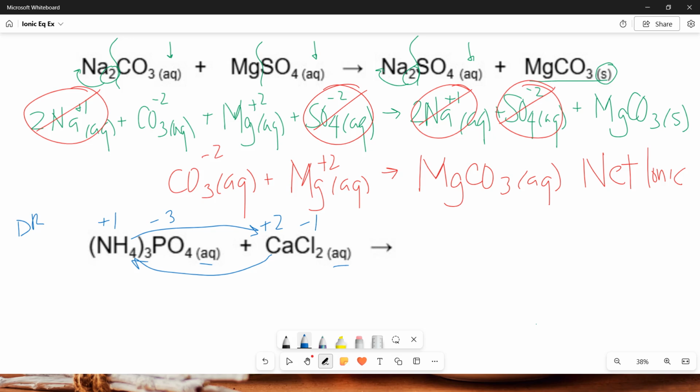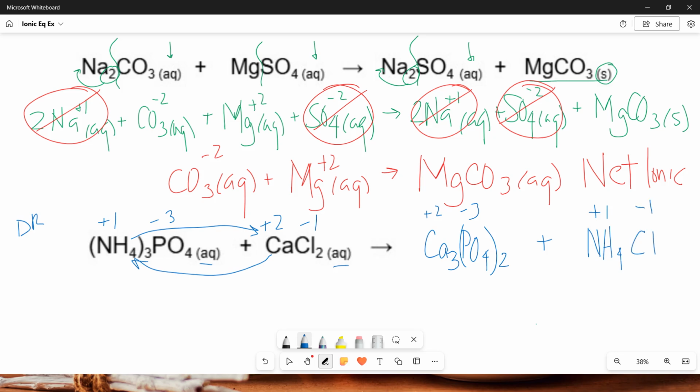So on the product side, we're going to put calcium with phosphate, and we're going to have to do cross down. If we look at the charges and we cross down, we're going to have a 3 here and a 2 here. And then I'm going to pair the ammonium, which is a positive polyatomic ion, with the chloride. Okay, and they're 1 to 1.